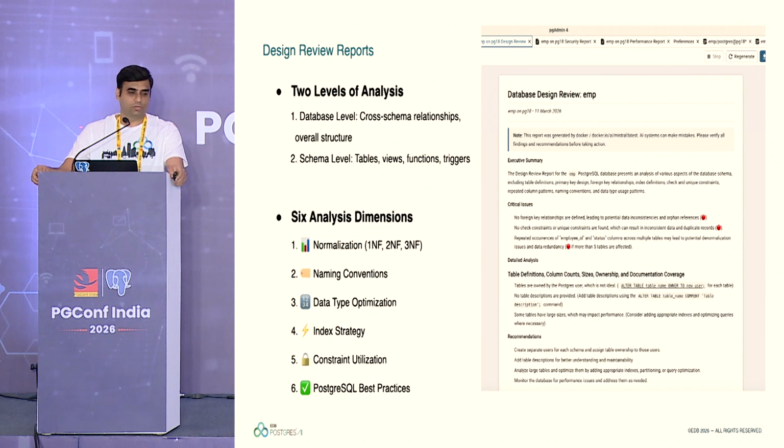Then it tells about data type optimization, whether you are using PostgreSQL-specific data types effectively, like text versus varchar, JSON versus JSONB. It also provides insights about index strategies, whether your tables are rightly indexed or you have redundant indexes causing slower query performance.